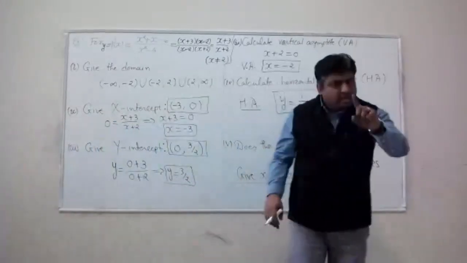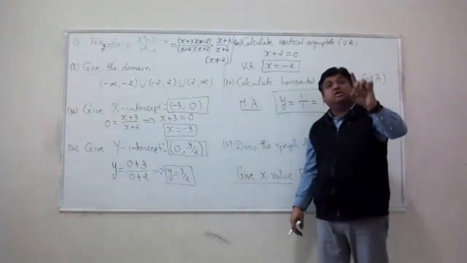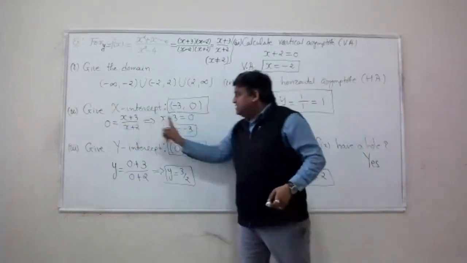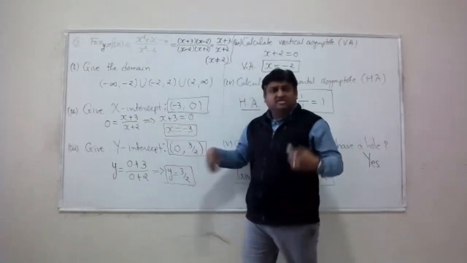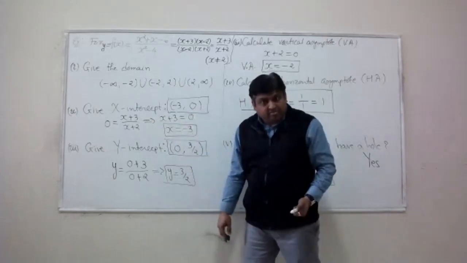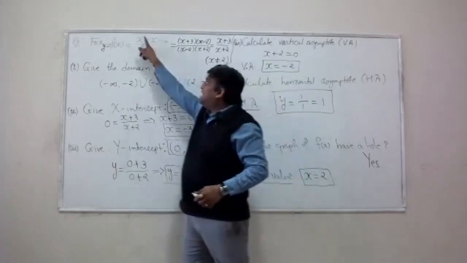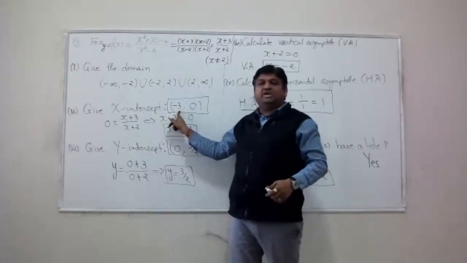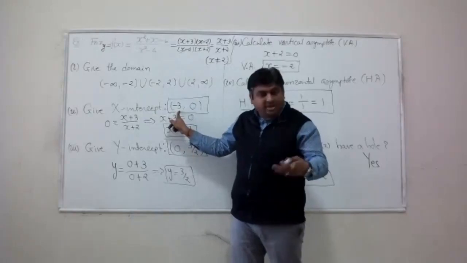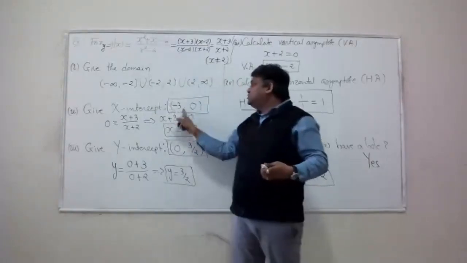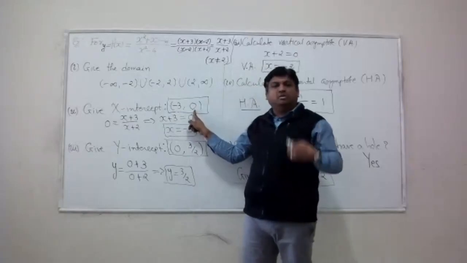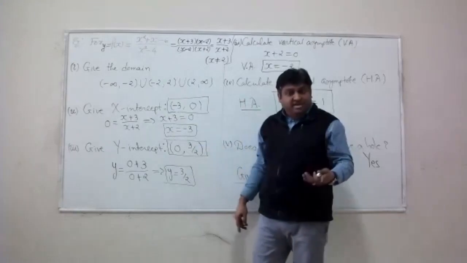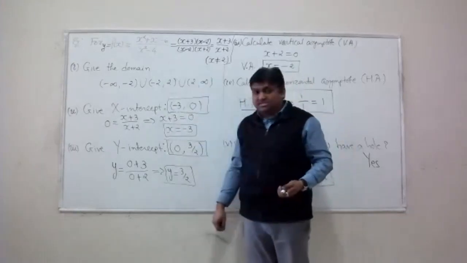Now let's try to see the connection of this question with the concept of limit. All right, look, limit 0 means it's an x-intercept. If I ask you what is the limit of this function as x approaches -3, it is going to be 0. The x-intercept really represents the limit equal to 0 case.